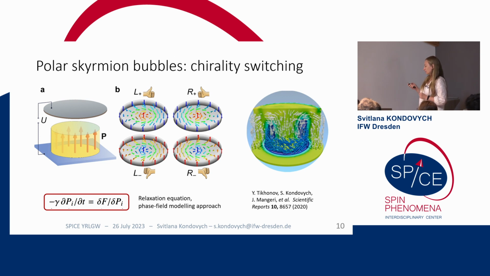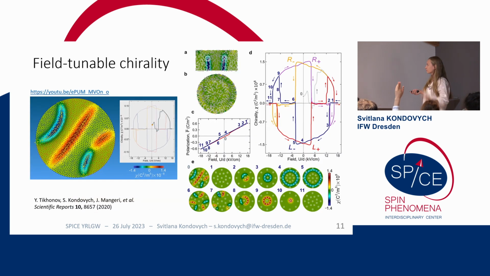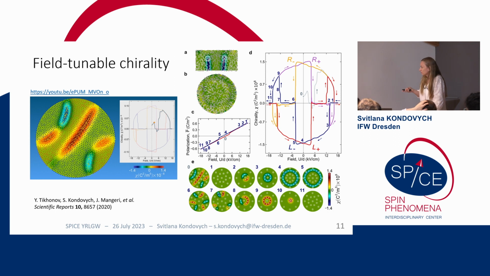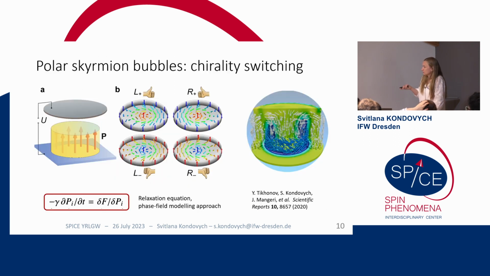So we solve the equation of relaxation with finite element modeling. We call it phase field modeling approach, similar to micromagnetic simulations. What is gamma? Gamma is damping, just a parameter of relaxation for modeling.